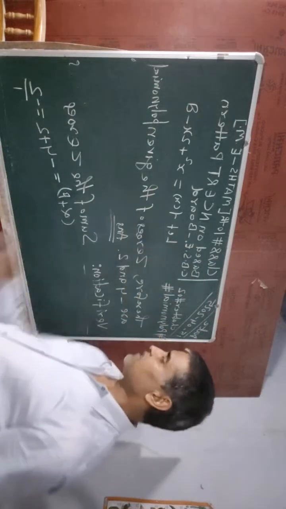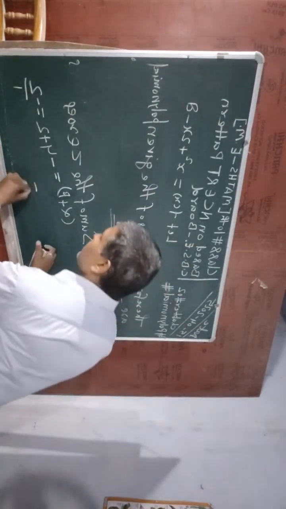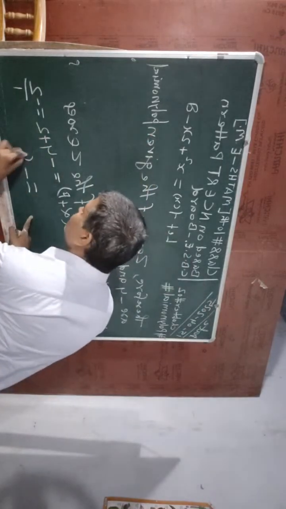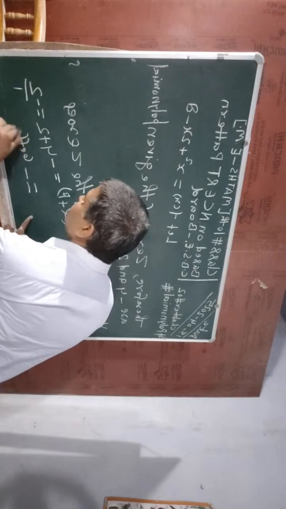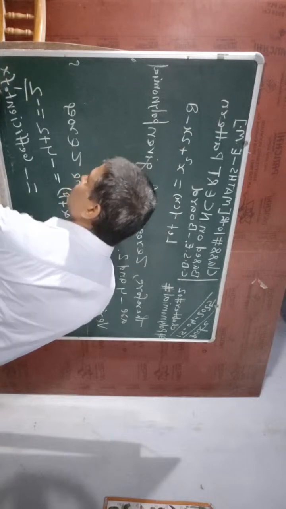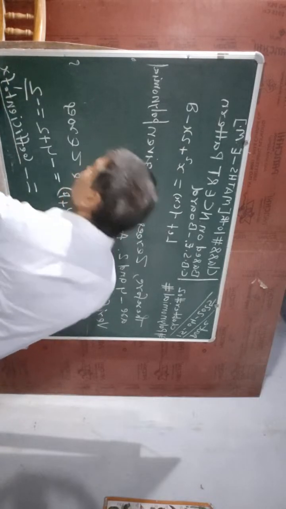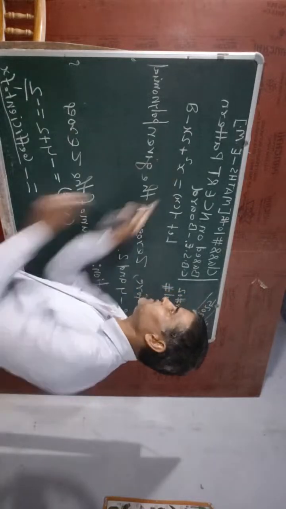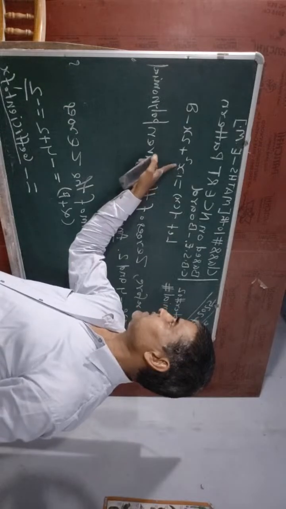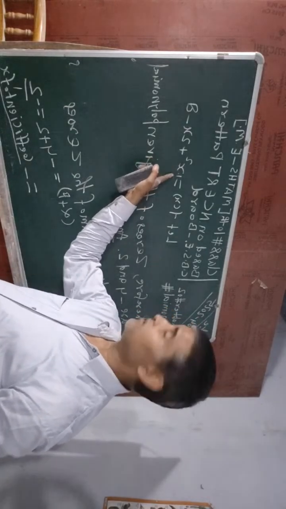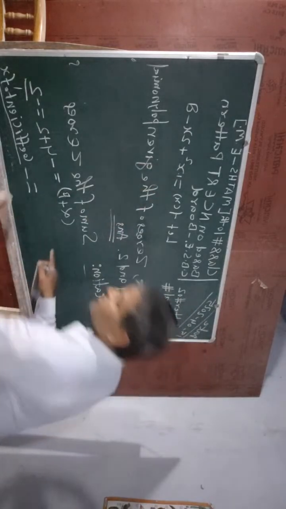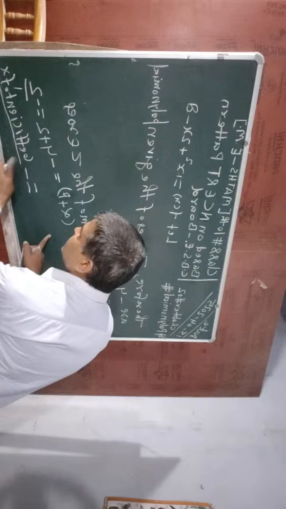So here I will write -2, with minus, and 2 is the coefficient of x. Here I will write coefficient of x divided by the coefficient of x square, which is 1 before x square. And 1 is also known as the coefficient of x square.